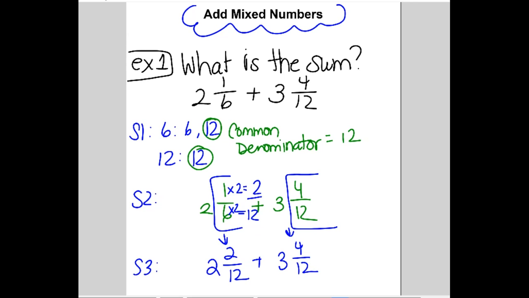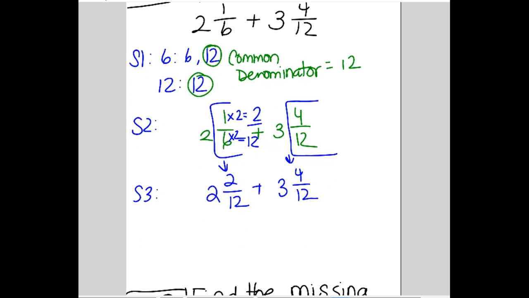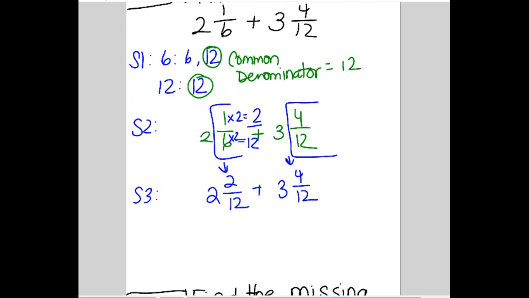So looking at my new fractions, I always start with my fractional part, because if I add them and I can turn the fraction into a whole number with a leftover fraction, which would be a mixed number again, then I will do that. But since we're going to go ahead and get started, we're going to just add our fraction part. So now I have 2/12 plus 4/12. What will that equal? That will equal 6/12.